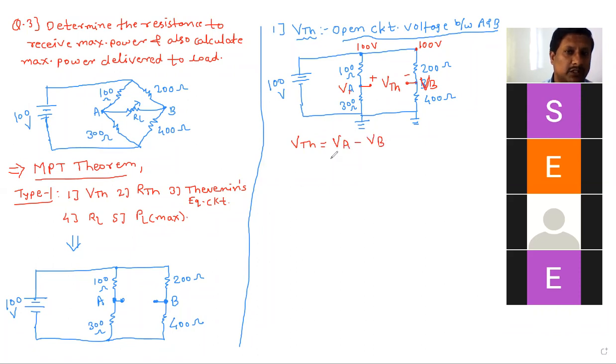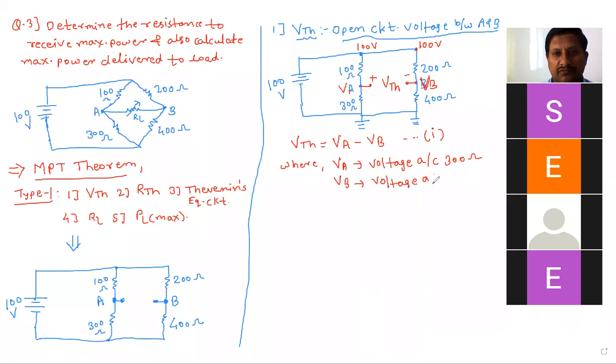So already such problems we have solved. Now this I can give the equation number 1. Where VA is voltage across 300. We have solved such problems in Thevenin's. Voltage across 300 ohm. VB is nothing but voltage across 400.